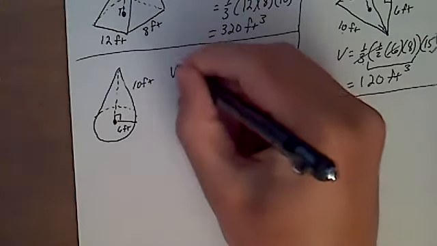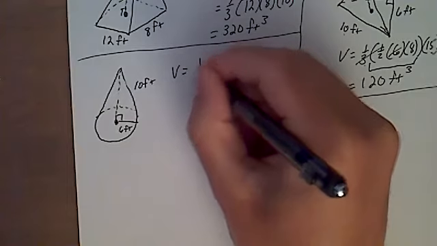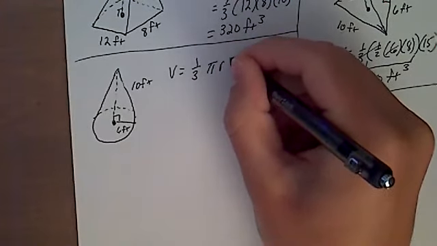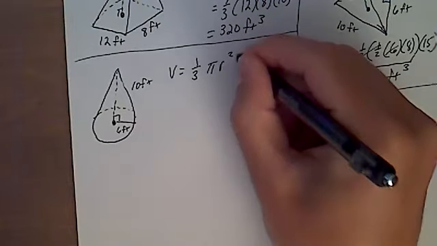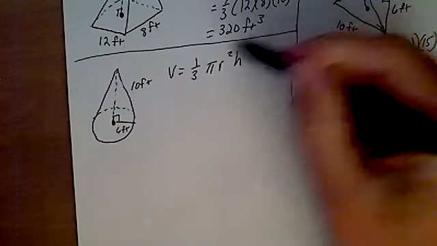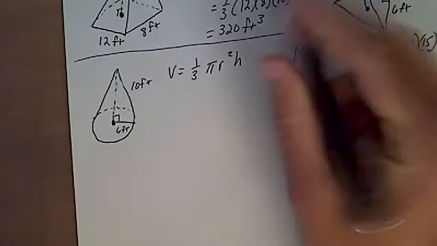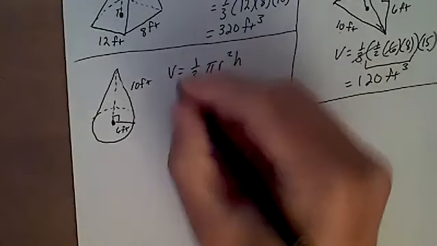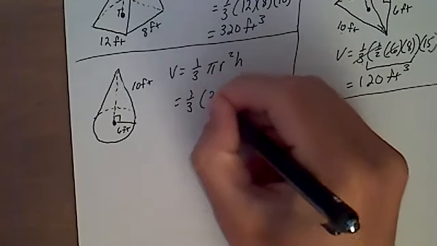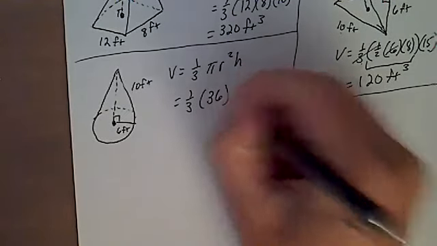Again, our volume is going to be 1/3 pi r squared times the height. And we know that the radius is 6. So we have 1/3 of 6 squared, which is 36.